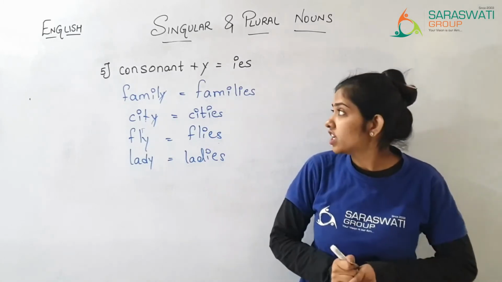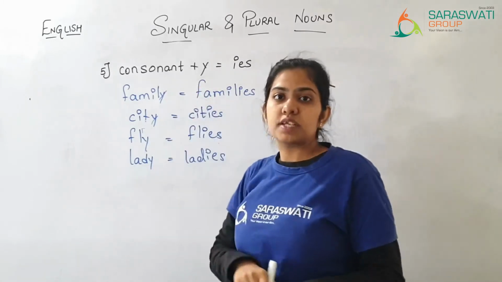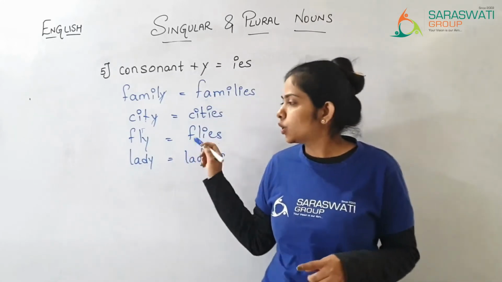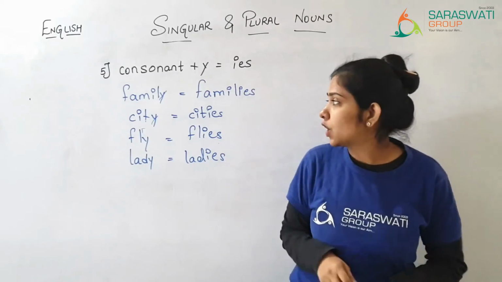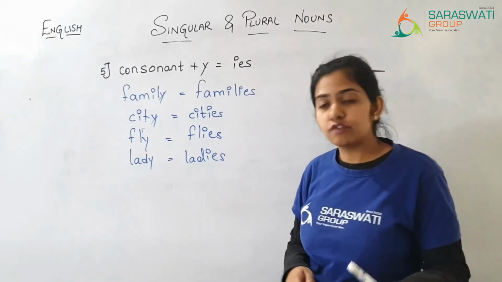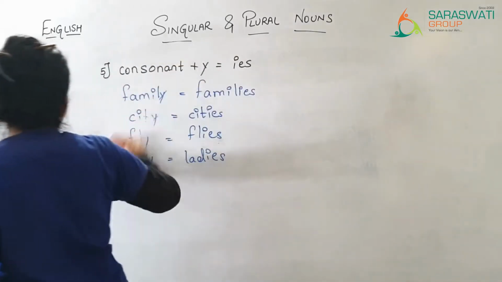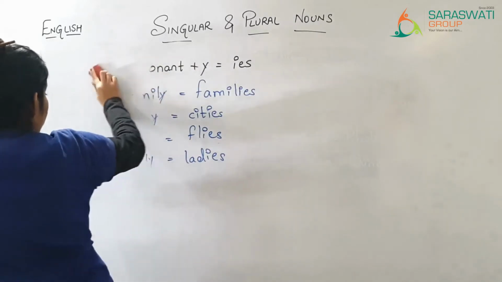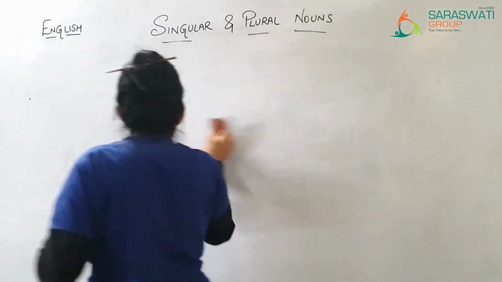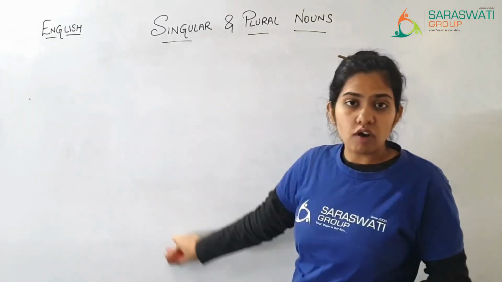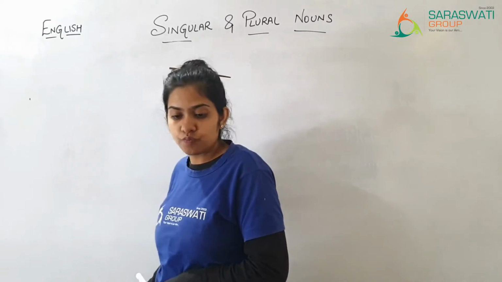Okay? So we have seen this fifth rule, consonant plus Y, IES. Note down this in your book. Okay. So I hope that you have noted down this in your book. Now our sixth rule is vowel plus Y is equals to S. Vowel plus Y is equals to S.